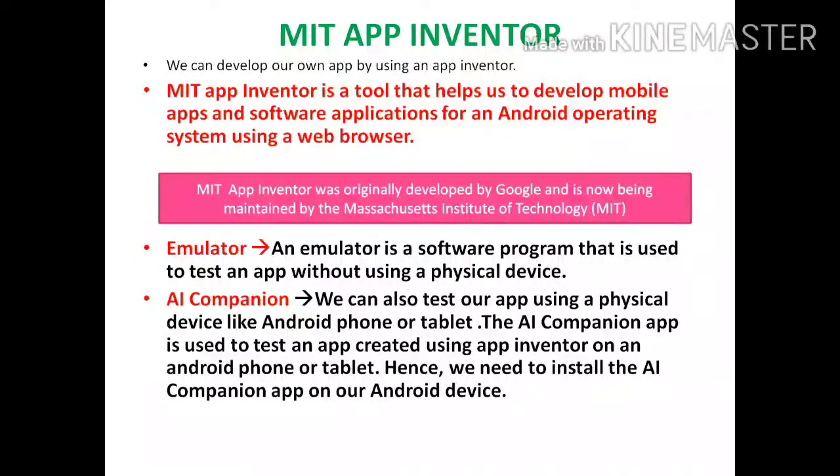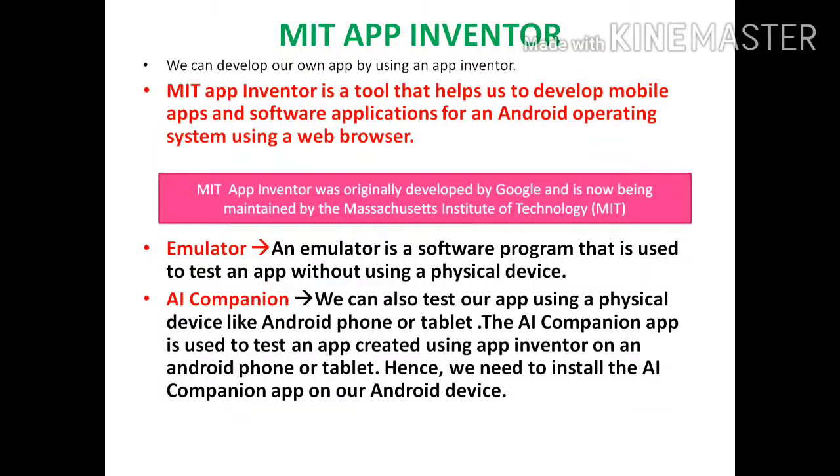We can also test our app using a physical device like an Android phone or tablet. Now see, the AI companion app is used to test an app created using App Inventor on an Android phone or tablet.